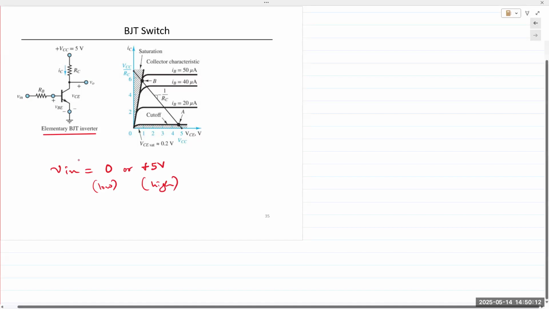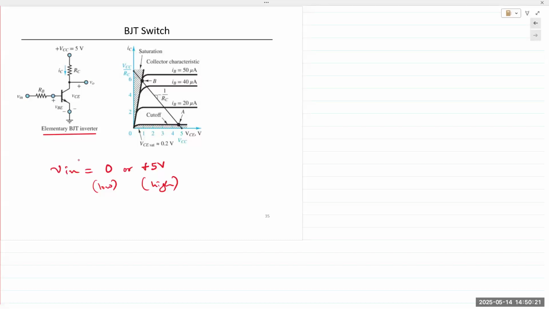Right? If you give 0 as the input, what is the base current? Yeah, 0, right? If the base current is 0, what happens to the base emitter junction?